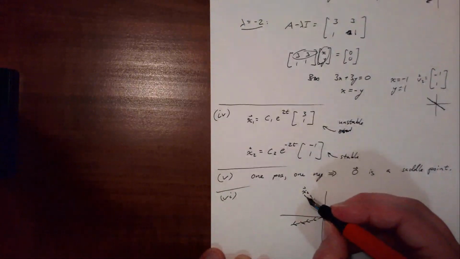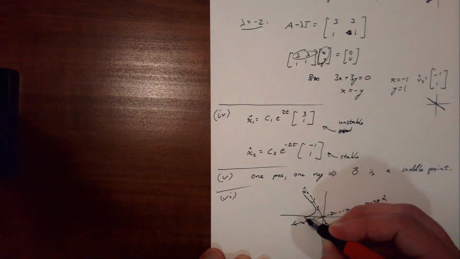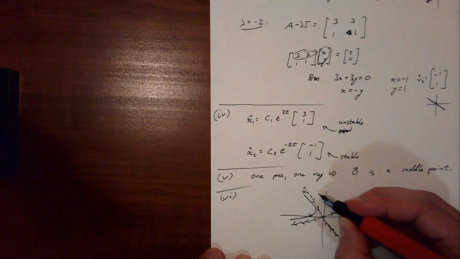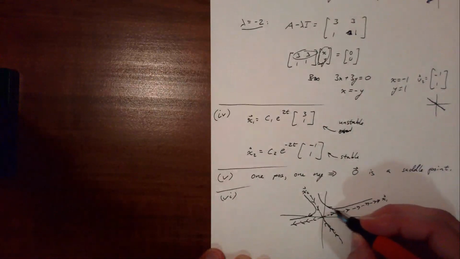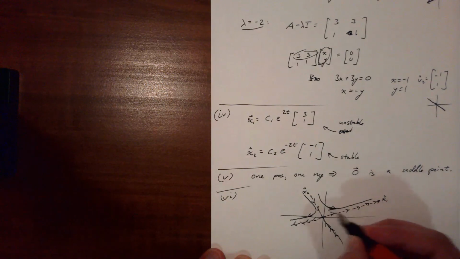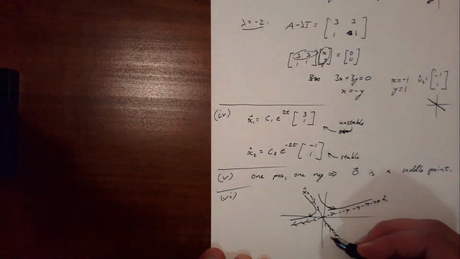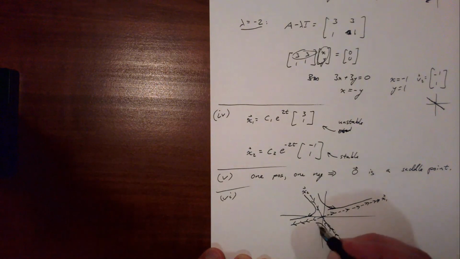So they come in along x2, and they go out in the direction of x1. So what that means is the solution curves go like this. So they come in along x2 and go out along x1.